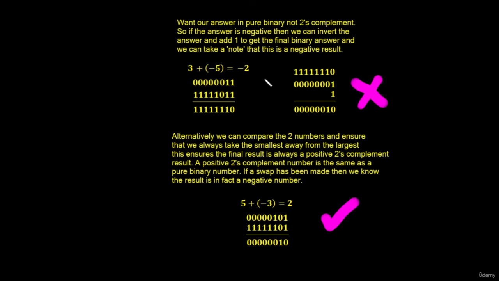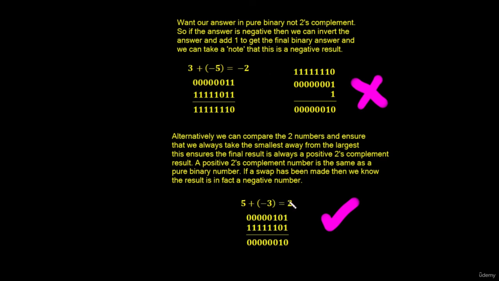So for instance here, we could figure out which one is the smallest, and then, if we have to, we can swap them round so that instead of 3 plus minus 5, we could have 5 plus minus 3. We'll still get an answer of 2. So the magnitude of the answer will still be correct.